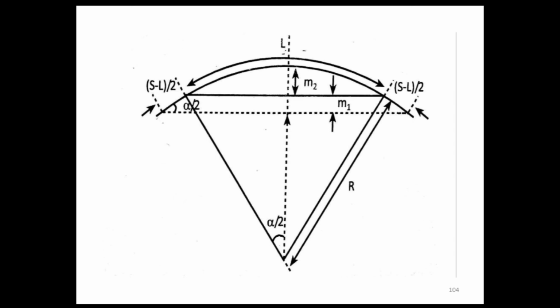As you can see from the figure, here we have the setback distances M1 and M2, which together make the total setback distance M, and the length of the curve LC is less than the required side distance S. R is the radius of the curve.